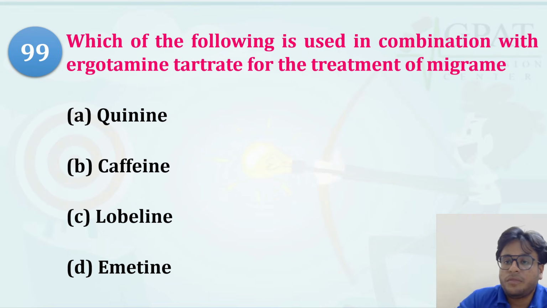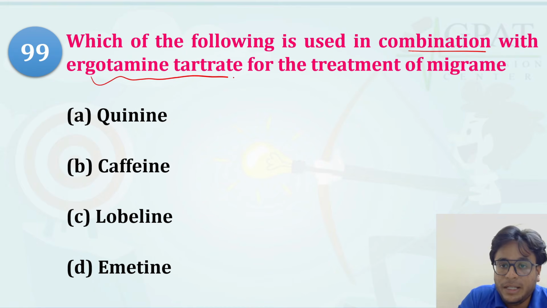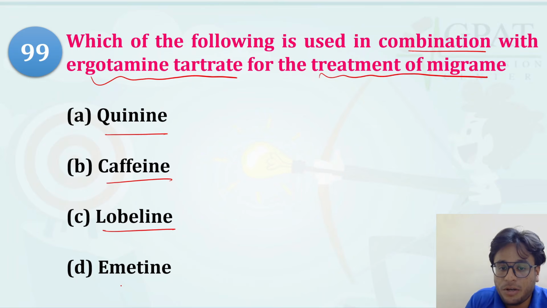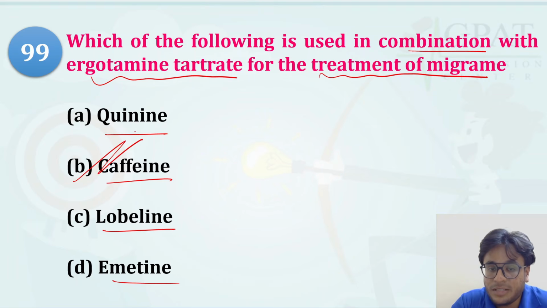Moving towards our next question: which of the following is used in combination with ergotamine tartrate in order to treat migraine? Option A is quinine, option B is caffeine, option C is emetine, and option D is going to be what? For that question, the caffeine is going to be the answer, because caffeine will mainly increase the absorption of that particular ergotamine tartrate.